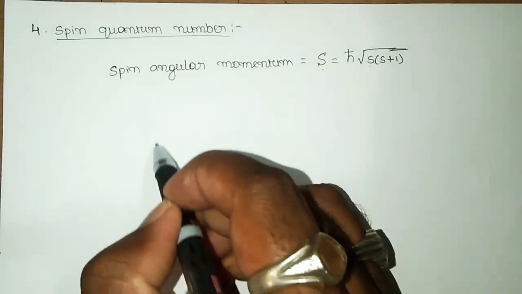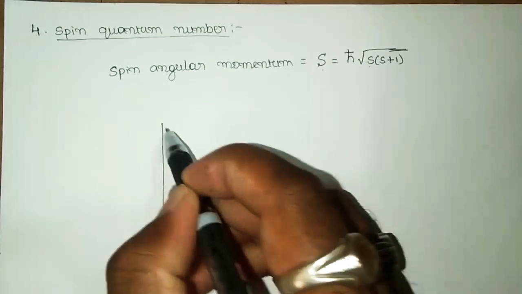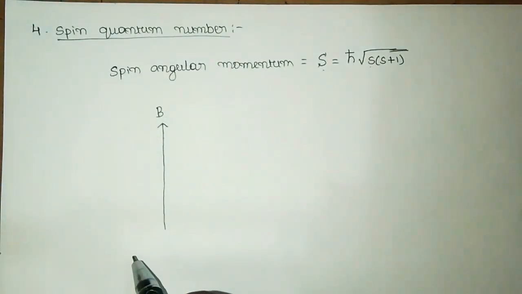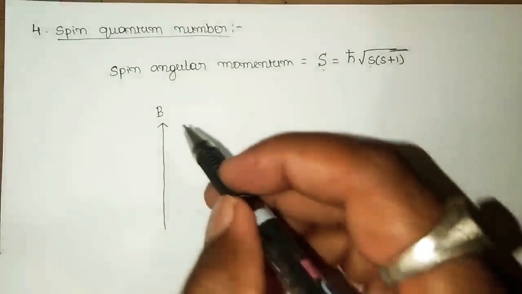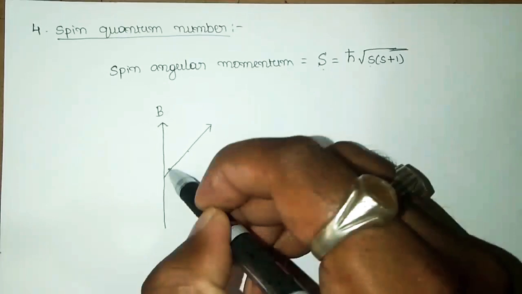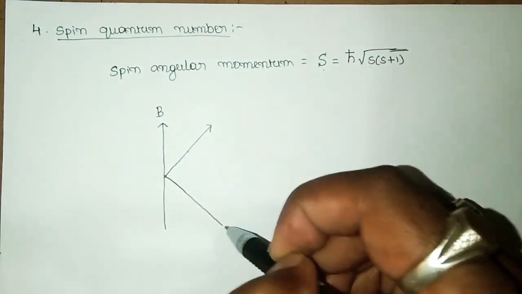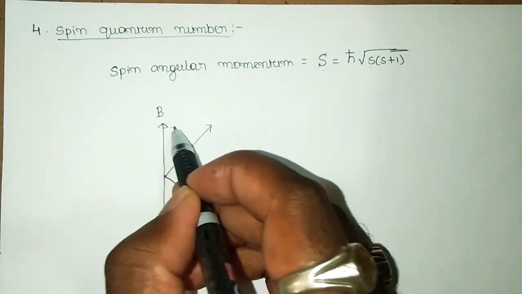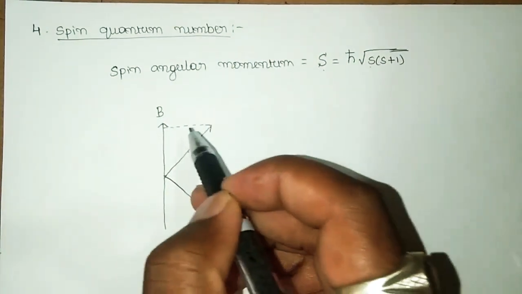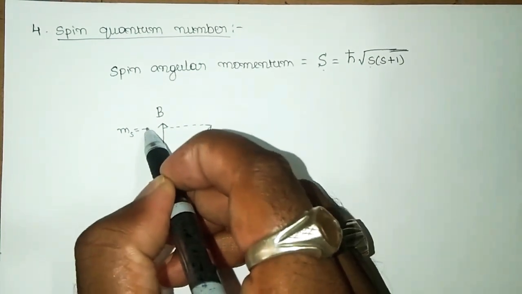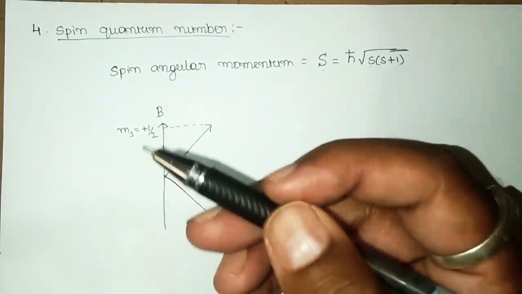According to which, the spinning of the electron creates a magnetic field B. And the magnetic field may take the upward direction or it may take the downward direction. The upward direction of the magnetic field will take the value ms equal to plus half.